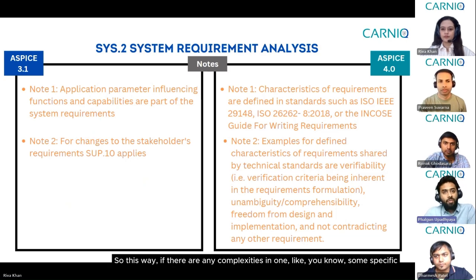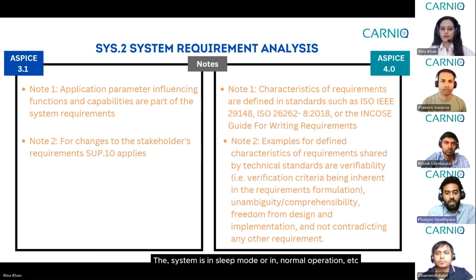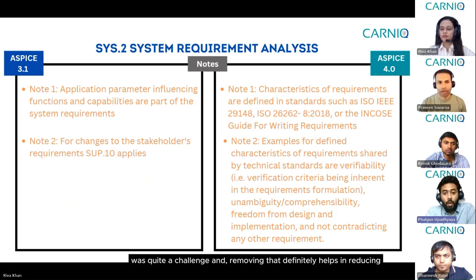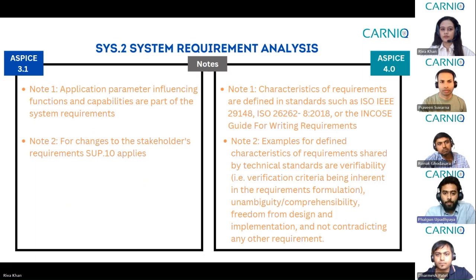So if there are any complexities involved, like some specific preconditions required, for example that the requirement must hold when the system is in sleep mode or in normal operation, sure, you can add it as a note. But having a specific verification criteria was quite a challenge, and removing that definitely helps in reducing a huge amount of effort in SYS2. So this is my key takeaway from ASPICE 4.0.